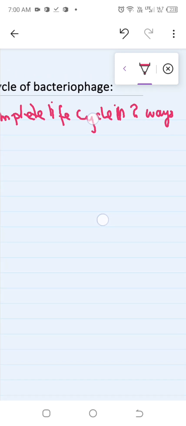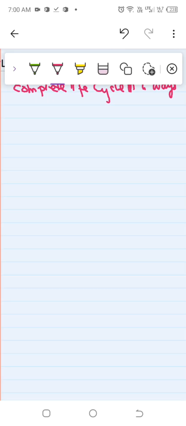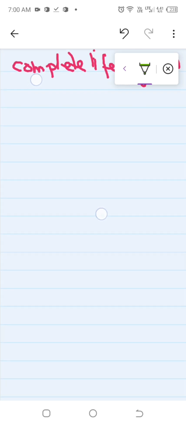The first way is the lytic cycle, and the second is the lysogenic cycle.